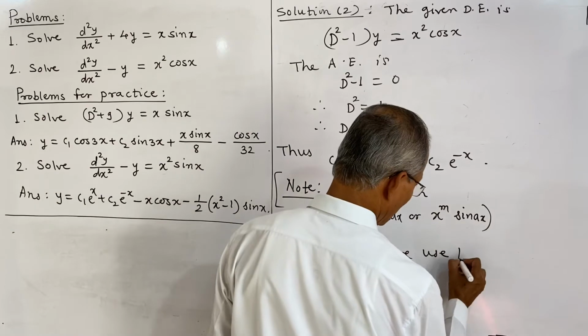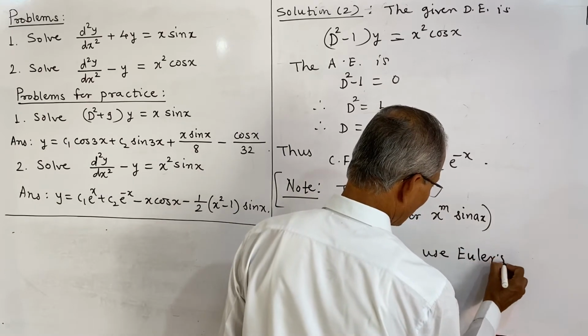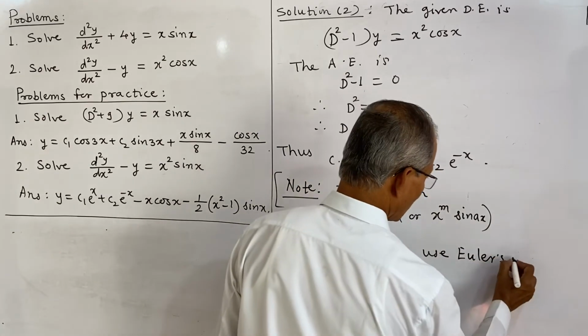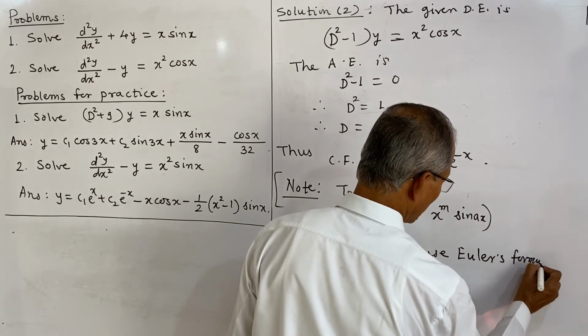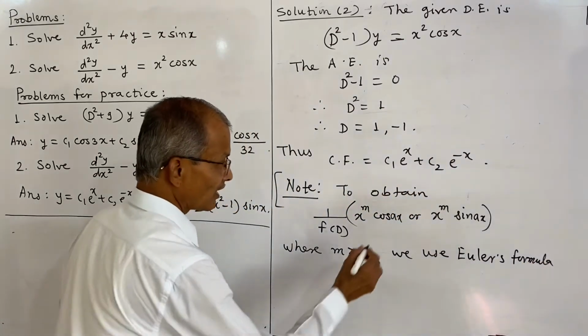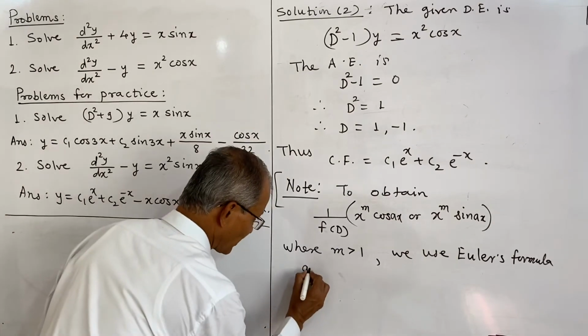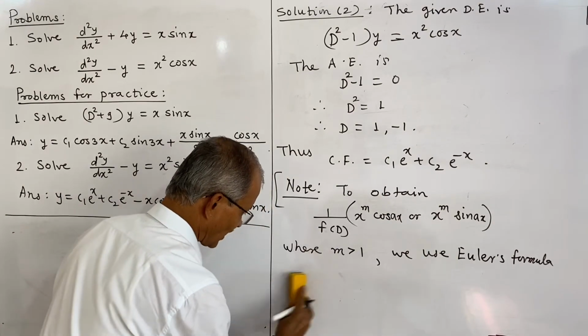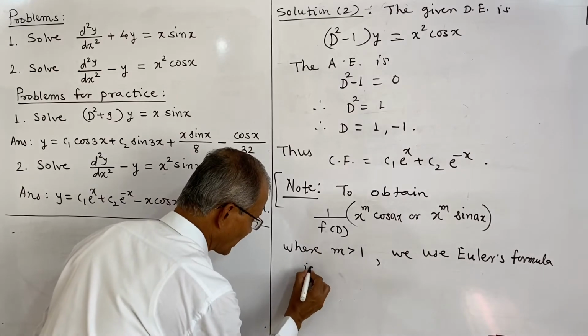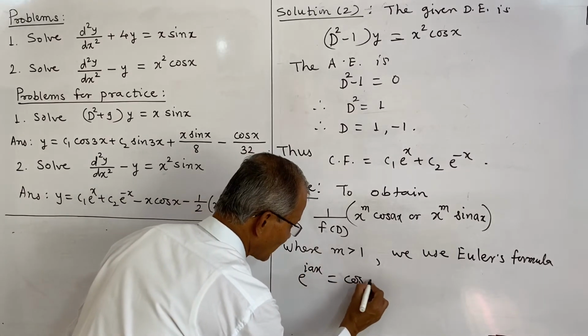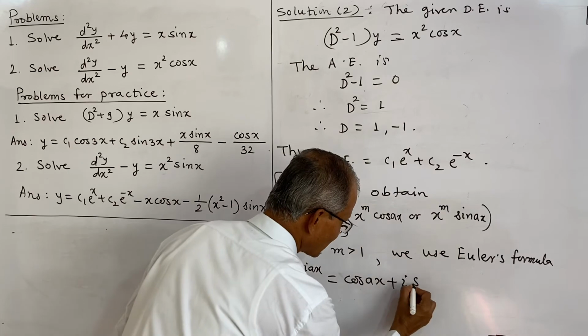the method which is dependent on Euler's formula. So what is the Euler formula for the expression e power iax? Euler formula is e power iax is equal to cos ax plus i sin ax.